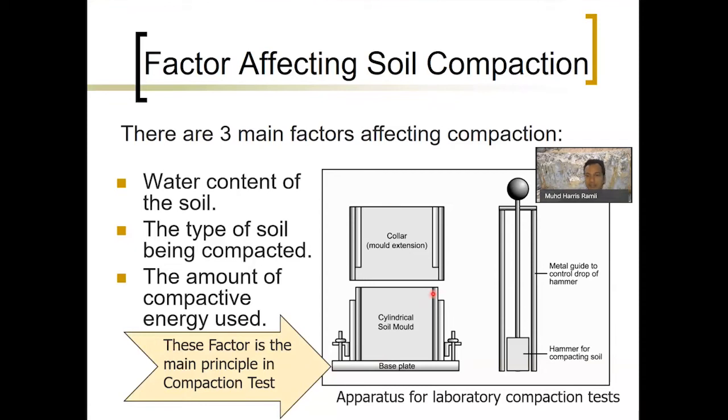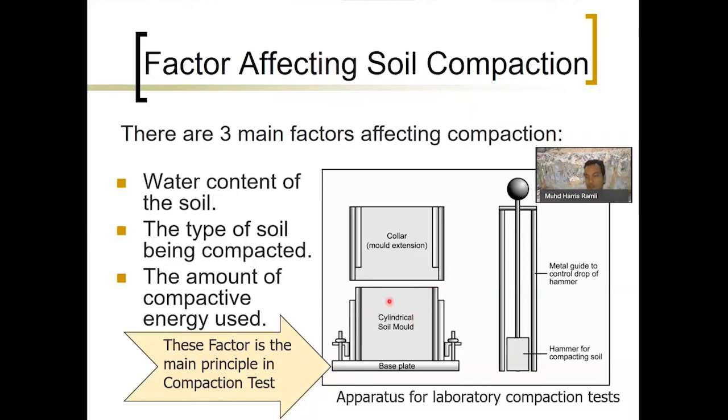Then you have a collar mold extension. This ensures that when we compact soil inside this cylindrical mold, you are able to compact up to its top layer. Usually you compact, say, 3 layers.